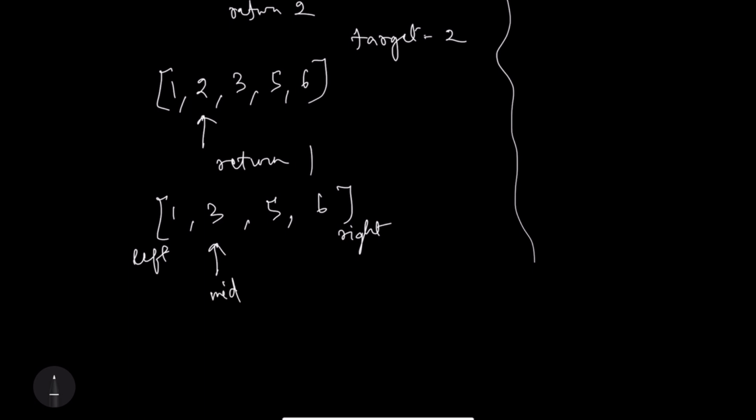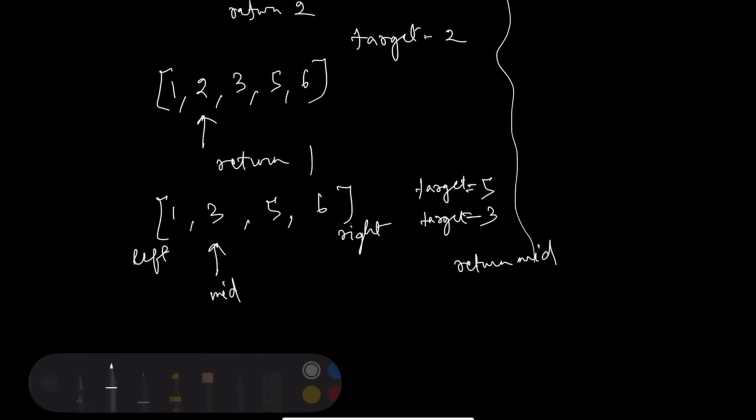So we will see if our target, suppose here our target is 5, equals the number in our mid position. It is not equal to target. If it were equal, suppose our target were 3, then we have it in the mid position and we would have just returned our mid position.